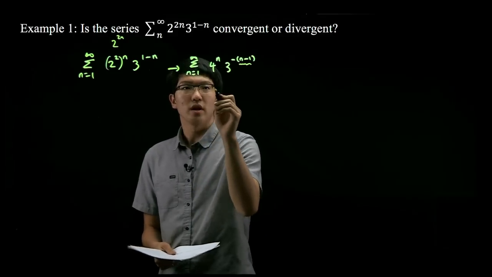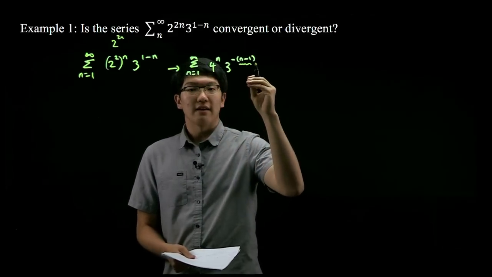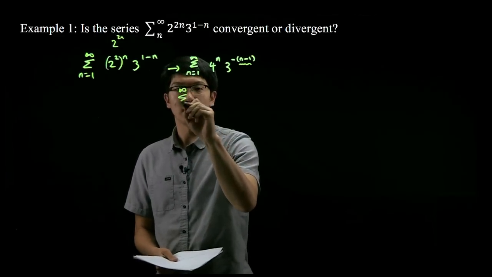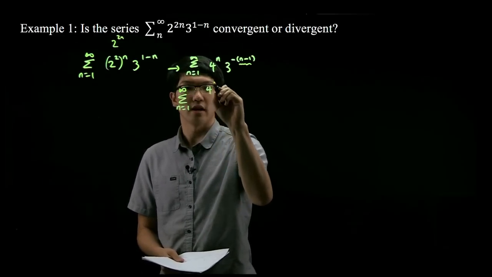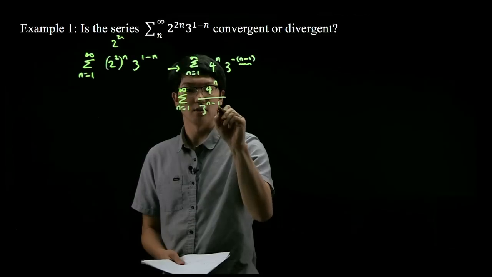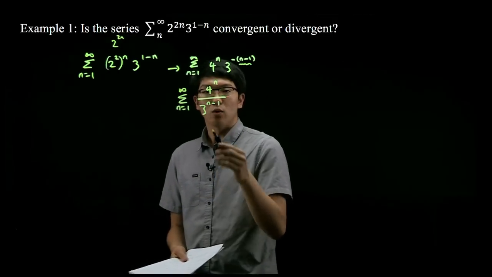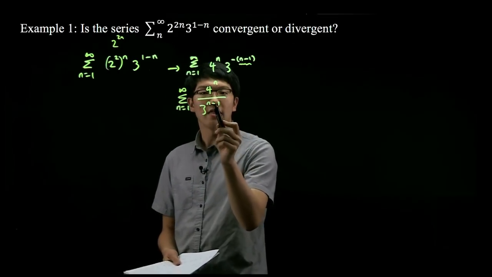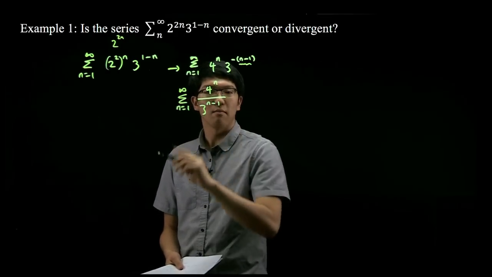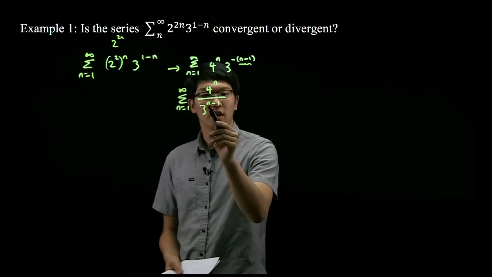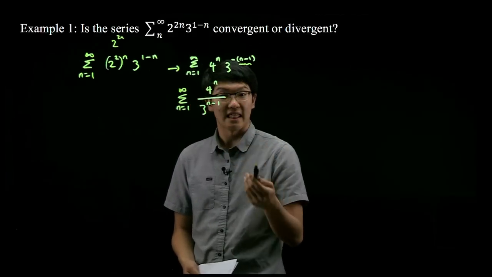And let's continue. Anything negative exponent will be a denominator in a fraction, so we have to simplify this as 4^n over 3^(n-1). So now we're getting there. And in order to further simplify, I need to either change 4^n so that the n becomes n minus 1, or change 3^(n-1) so that the n minus 1 becomes n.